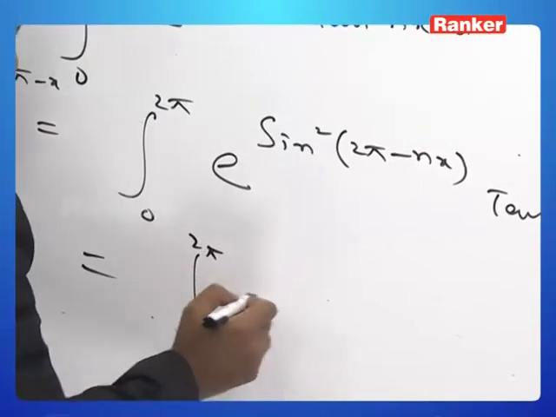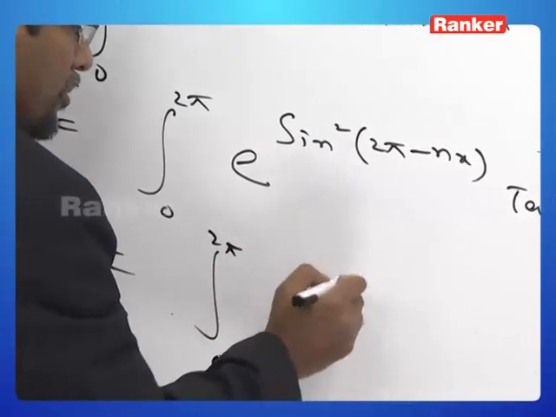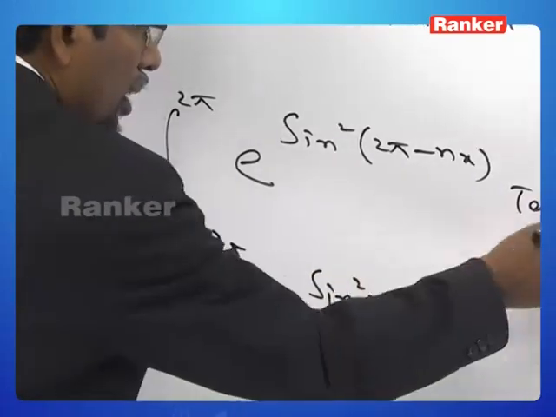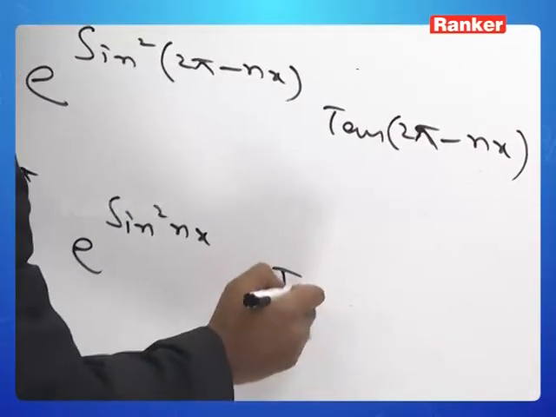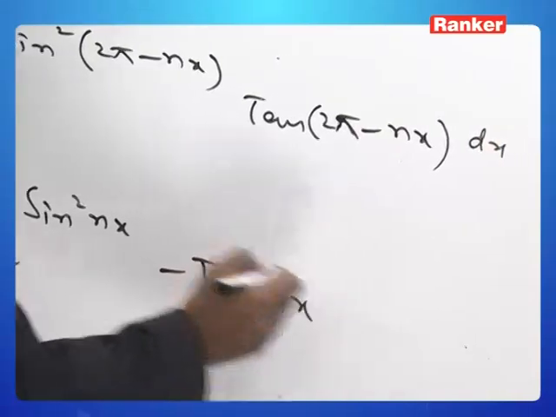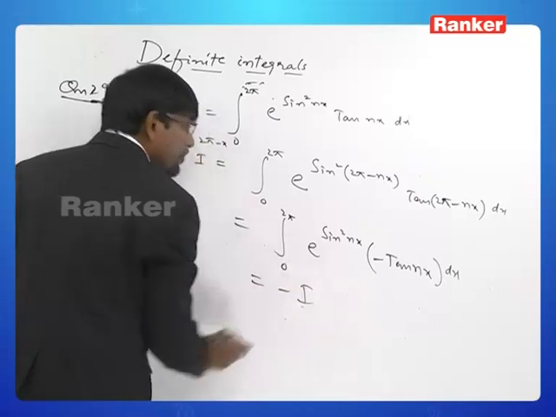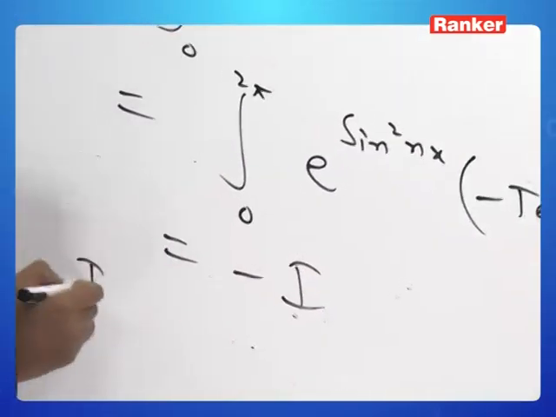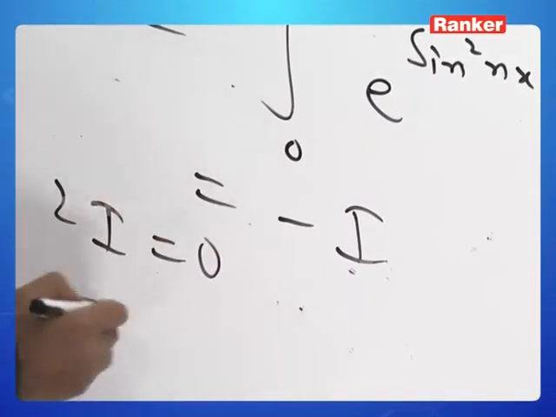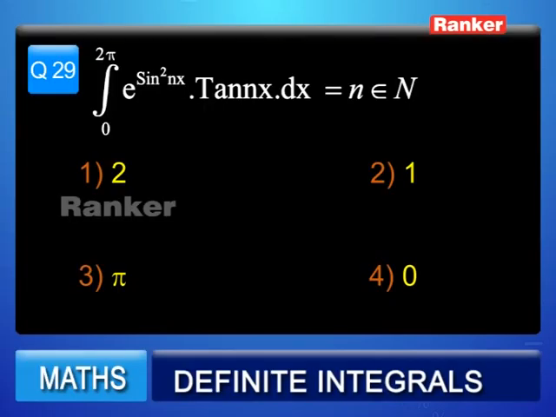So, there will not be a change in that. So, e power sine square nx. And what about this? We get a minus of tan nx. So, that makes it minus I here. So, I is equal to minus I, therefore, 2I is 0. This implies I has to be 0. Therefore, the answer is the fourth option.